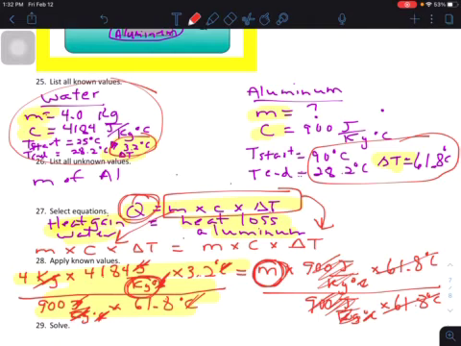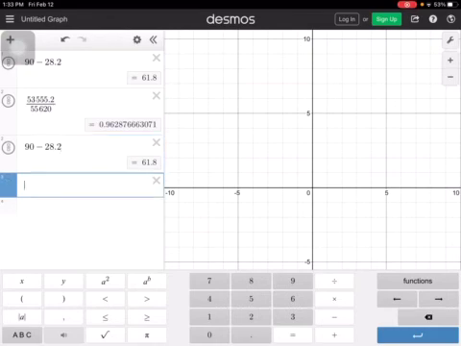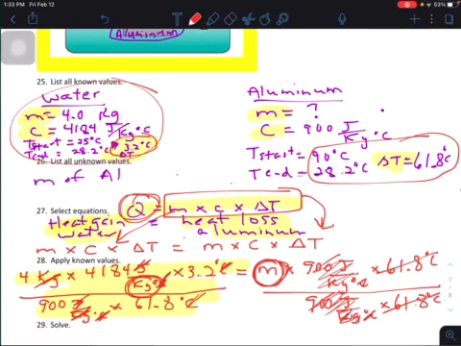So we have 4 times 4,184 times 3.2, divided by 900, divided by 61.8. 4 times 4,184 times, what was it, our temperature difference was 3.2, and we're going to divide by 900 times 61.8.